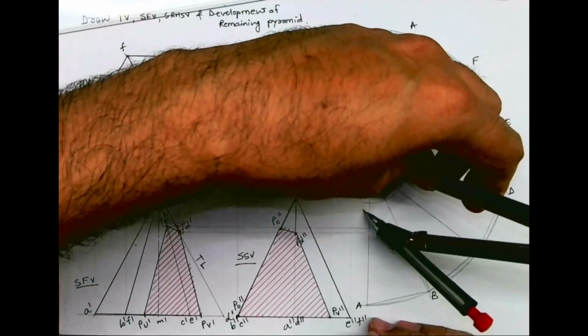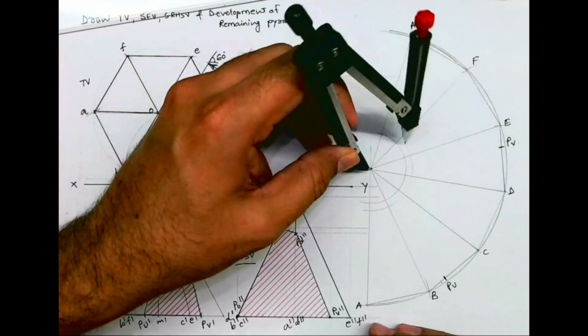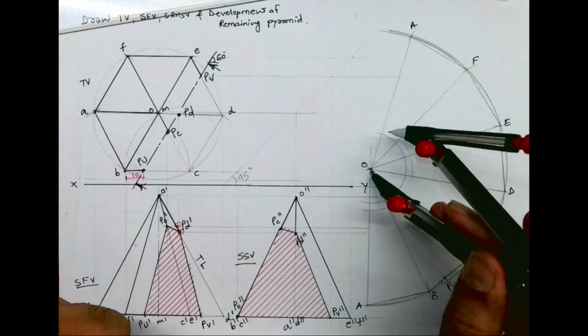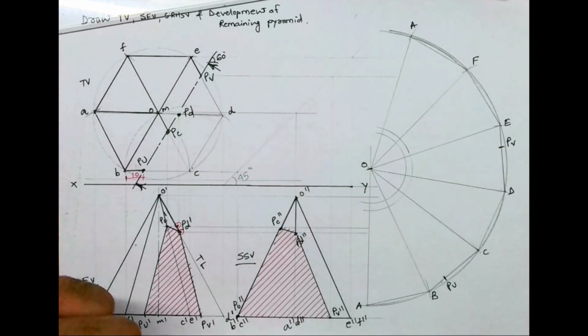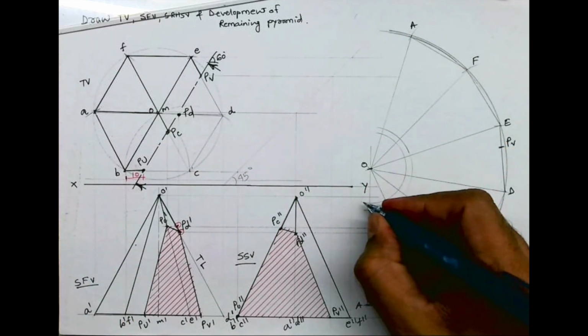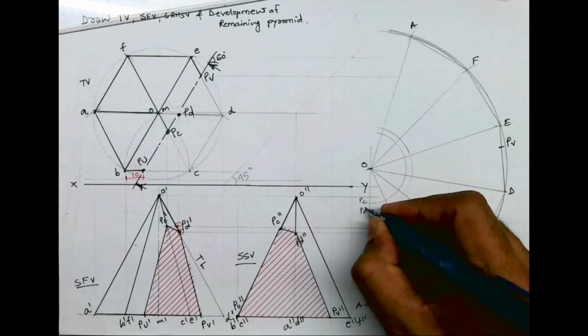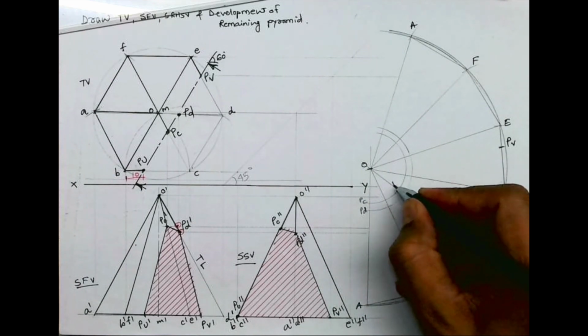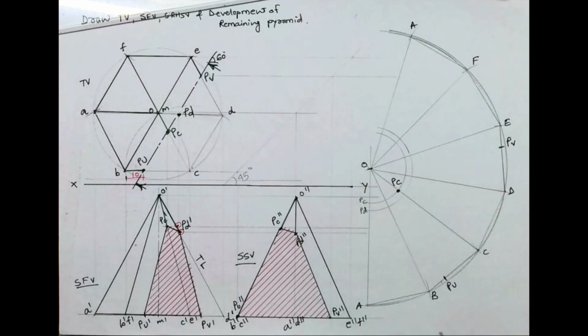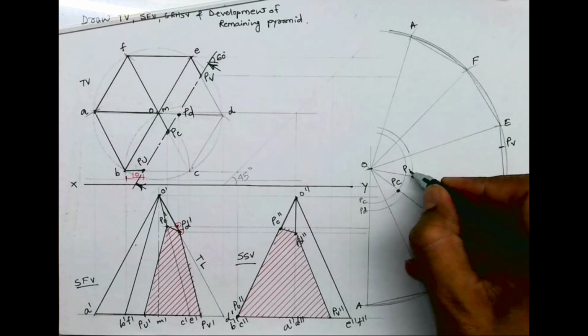Remember that the point should be on the true length or the extreme edge. So this is PC, this is PD. So PC will come here, it is intersecting on C. Same way PD will come here.